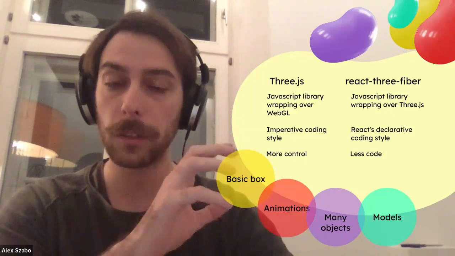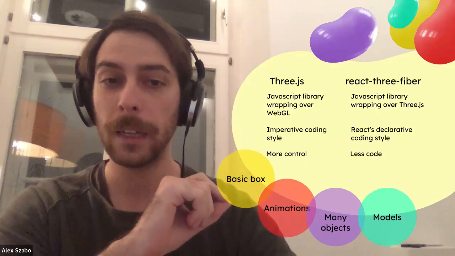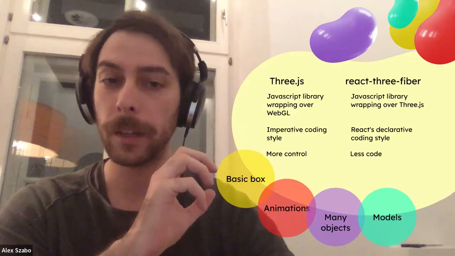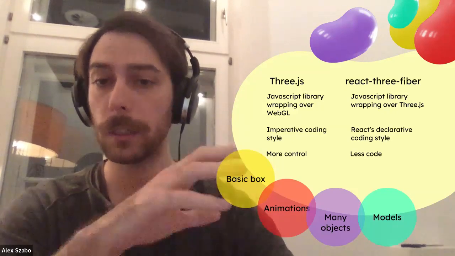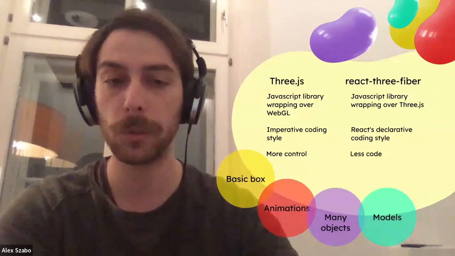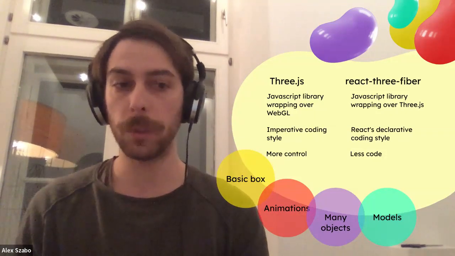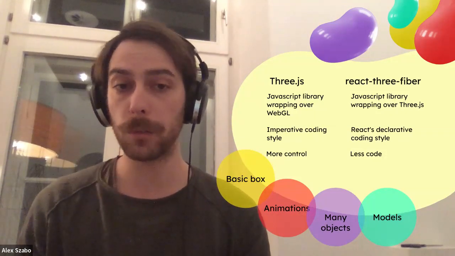So Three.js, as I said, is the wrapping layer around WebGL for your browser. It is an imperative style of code writing. You create your objects, you add them to a virtual scene, and then you create a snapshot of that into your canvas. Since you get access to all the low-level details, you get a better control over your code.